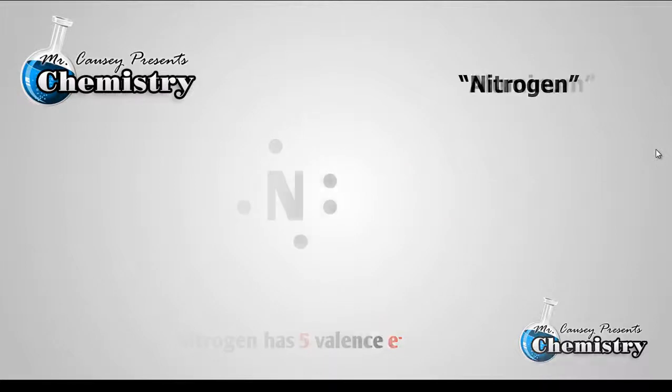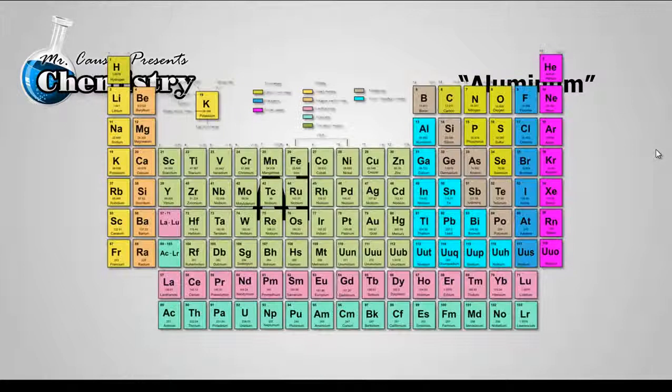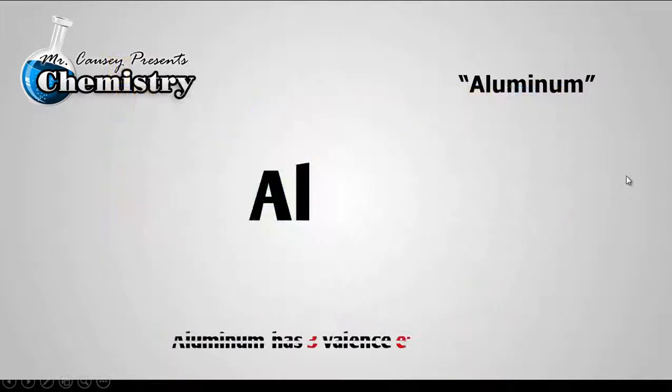Let's look at another one. Aluminum. Write down the symbol. Go to the periodic table. Find aluminum. There it is. It's number 13. And look. 1, 2, 3. That means it has 3 valence electrons. So let's put them down. 1, 2, 3.